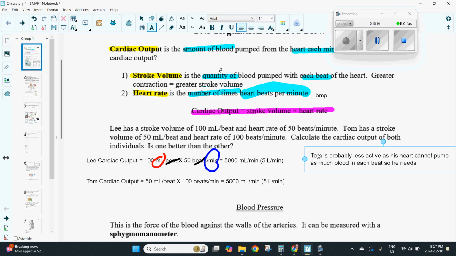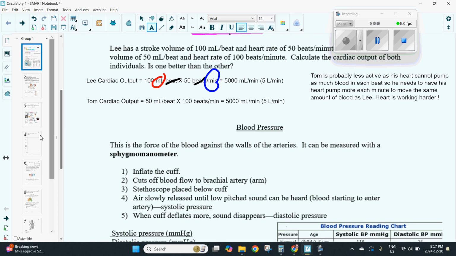So he needs to have his heart pump more each minute to move the same amount of blood as Lee. So his heart is working harder, which could eventually lead to a lot of circulatory system disorders. It could lead to a heart attack, for example.